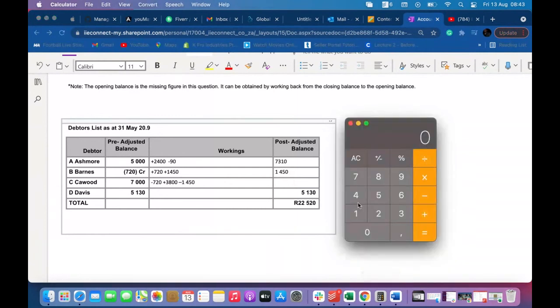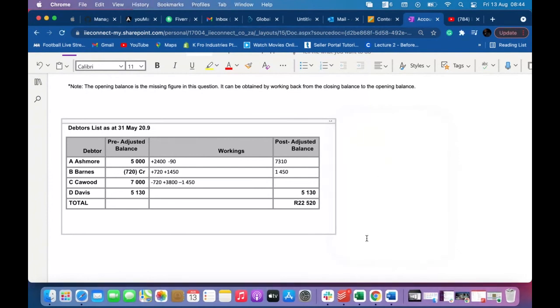Okay. Then here we have 7,000 minus 720 plus 38, plus, oh sorry, minus 1, 4. Oh, I made a mistake here. So what is 7,000 minus, oh goodness me, I'm going to have to clear that.